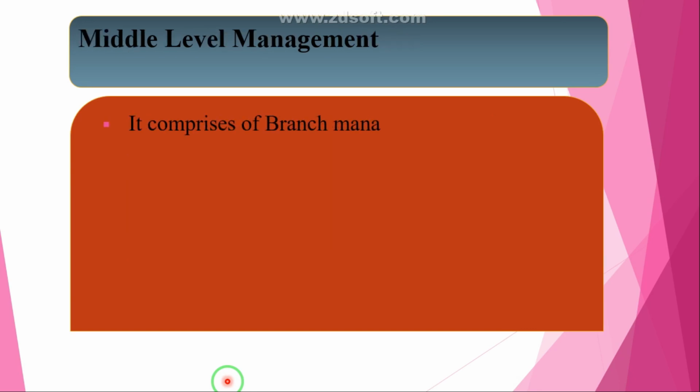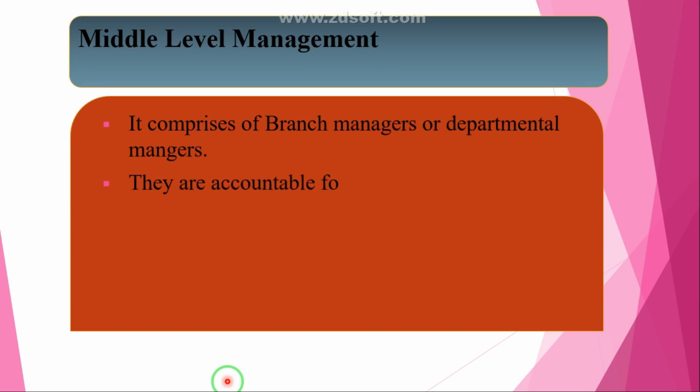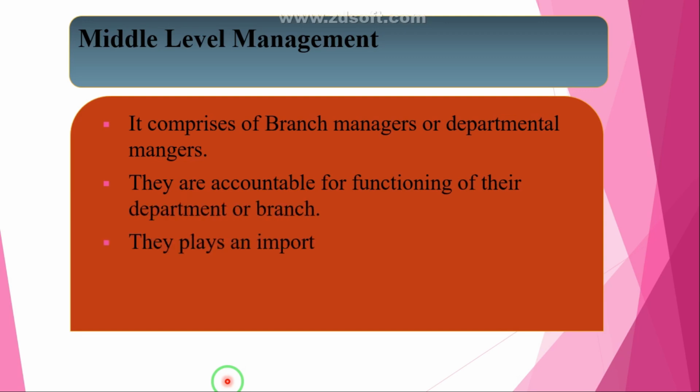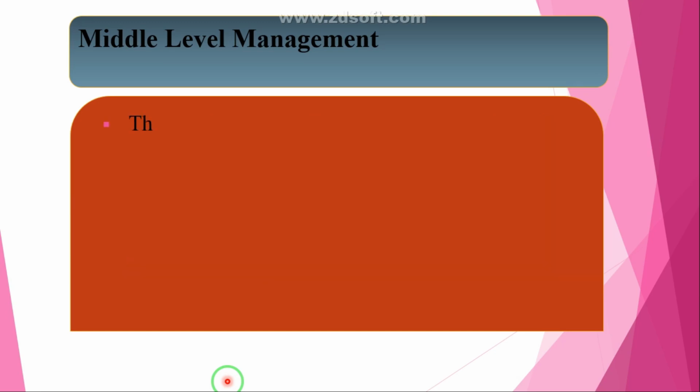Now, talking about middle level management, it comprises branch managers or departmental managers. They are accountable for the functioning of their department or branch. They play an important link between top level and low level management.